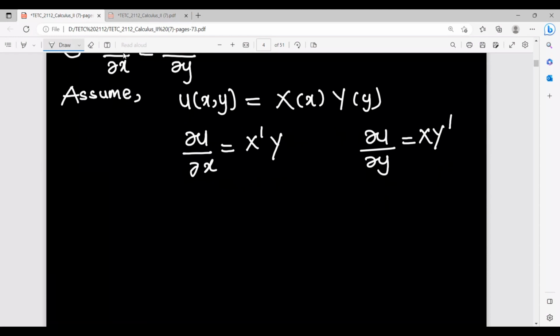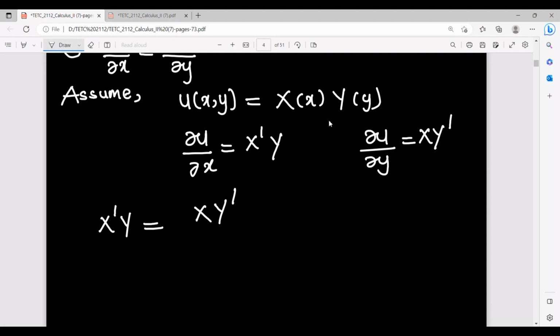Since the problem is given as ∂u/∂x equals ∂u/∂y, we are considering X'Y equals XY'.